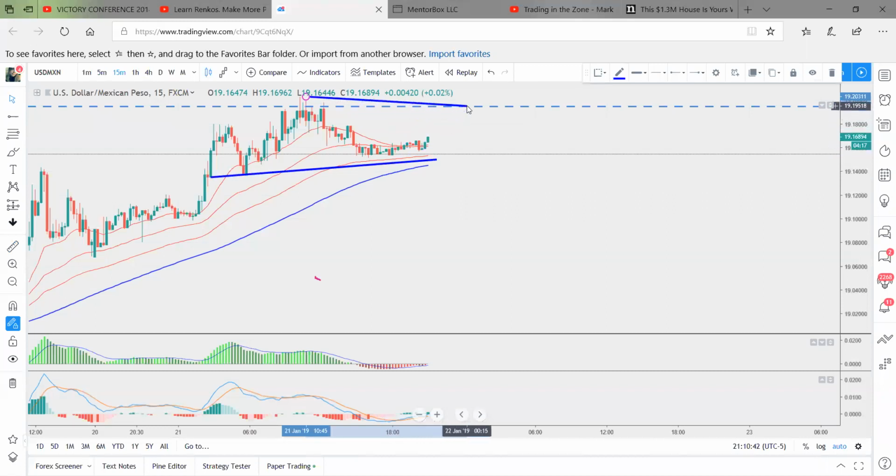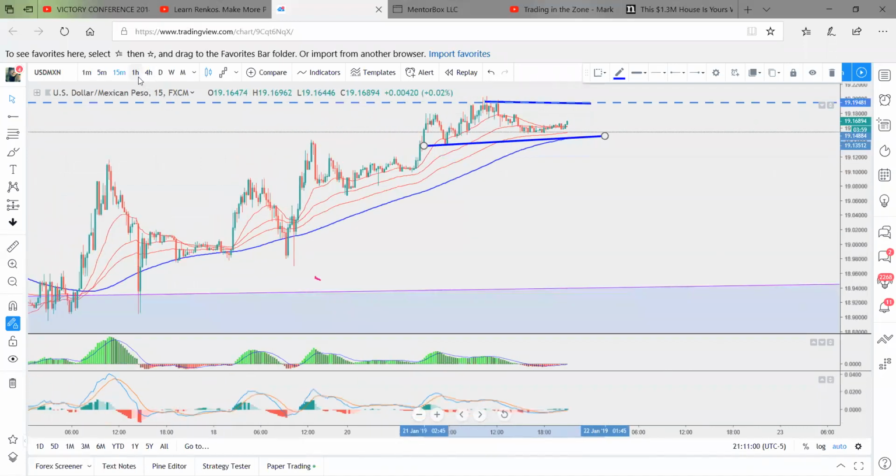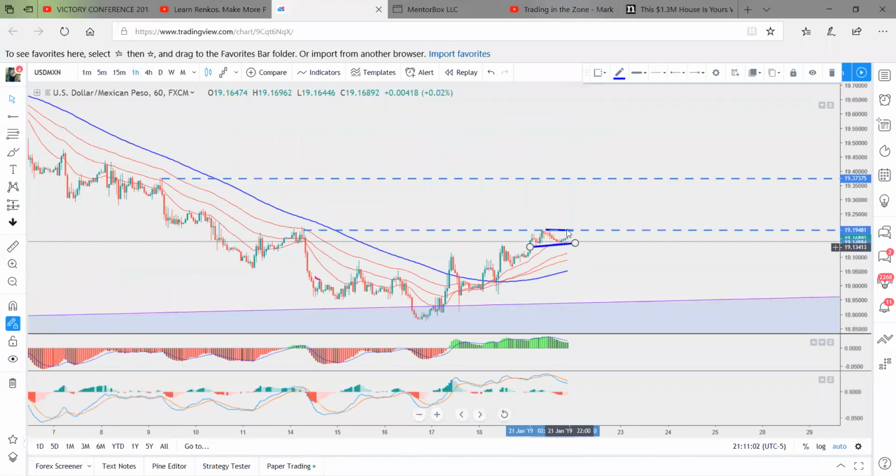We're gonna put this up here. So that would be your first take profit. And if it breaks out of this channel, then we would look to take profit at our next one.